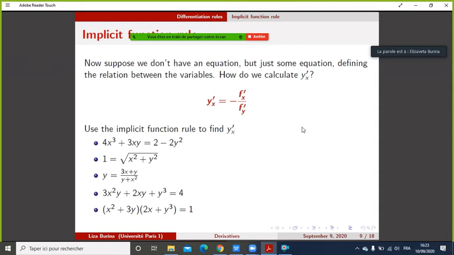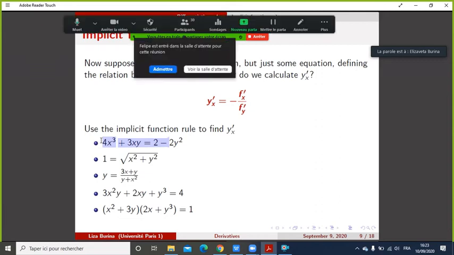We can re-express one in terms of the other, or we can use the implicit function rule. And it is actually quite great, because all you have to remember is this formula. If you don't even understand how it works, you will always get your derivative. I could express y in terms of x and then just take a derivative. What's the problem, right?